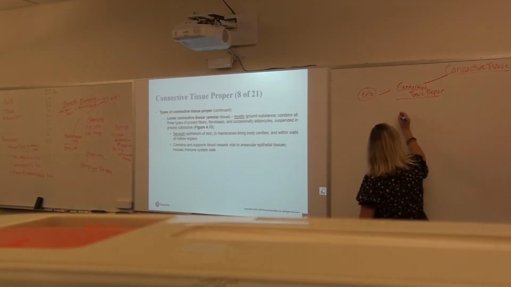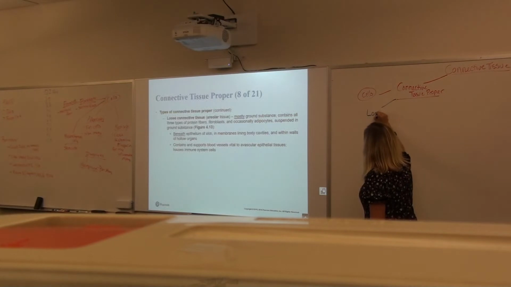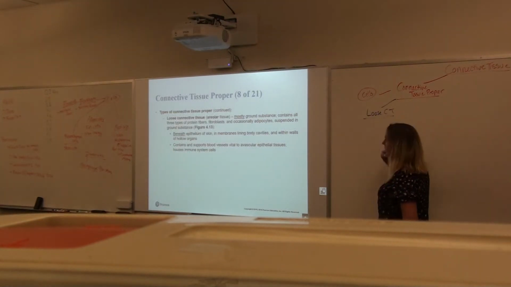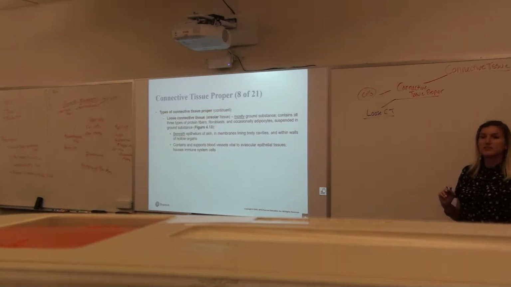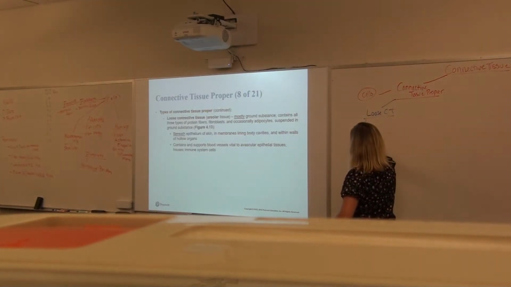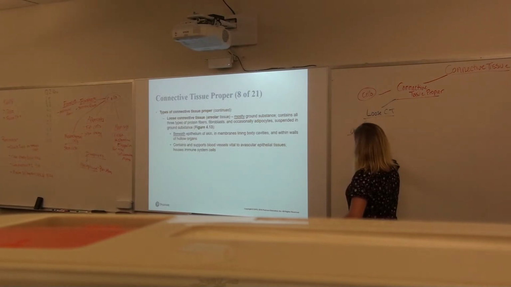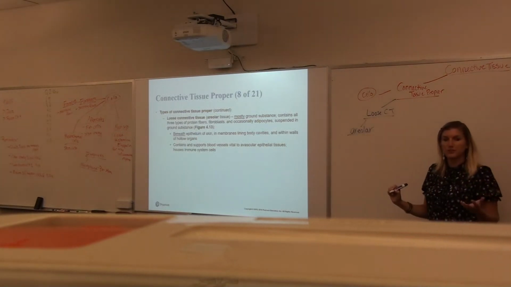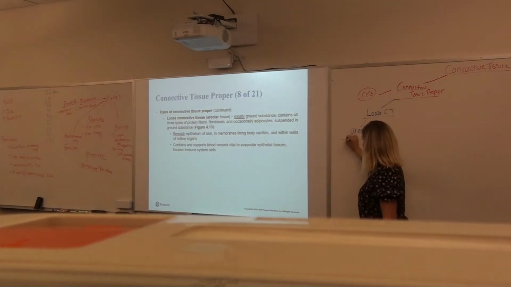Loose connective tissue. This is like the irregular connective tissue that we looked at last night. There's lots of ground substance and few fibers and cells.